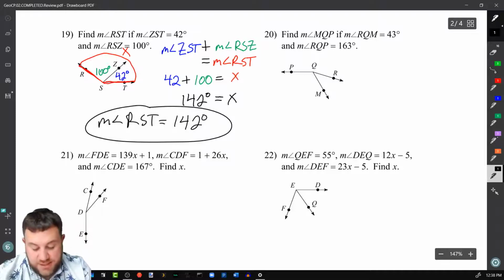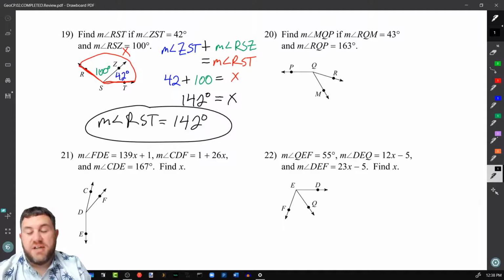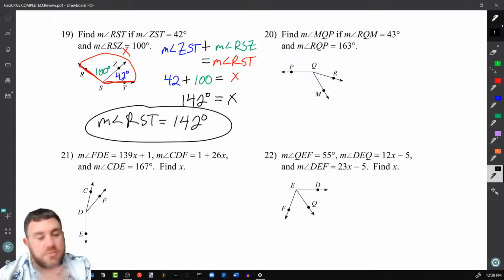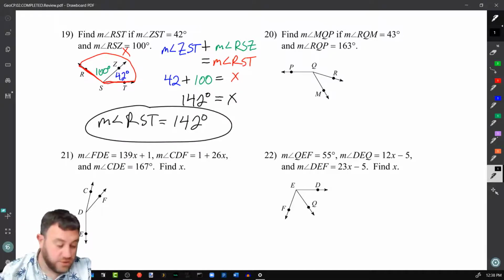Now, let's say this one is probably easy enough to do in your head, or at least on a calculator without writing down. So if that's the case, and you just wrote 142 degrees, I'll give you full credit. Make sure you have your degree sign on it, but the most accurate thing to do would be to actually write measure of angle RST equals 142.